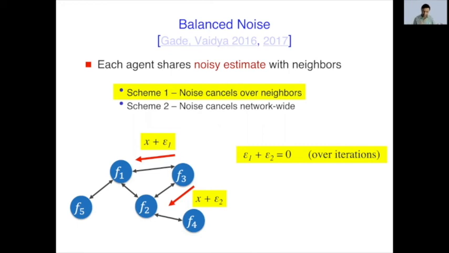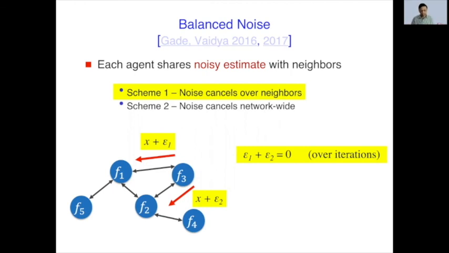But instead, it sends the estimate with some noise, epsilon 1, to agent 1, and adds epsilon 2 noise to the estimate sent to agent 2, such that epsilon 1 plus epsilon 2 is equal to 0 in the current iteration. Or, like I said, if you take the noise added to these estimates over, let's say, this iteration, the next, and the next, 3 iterations together, then all the noise values together will cancel to 0.